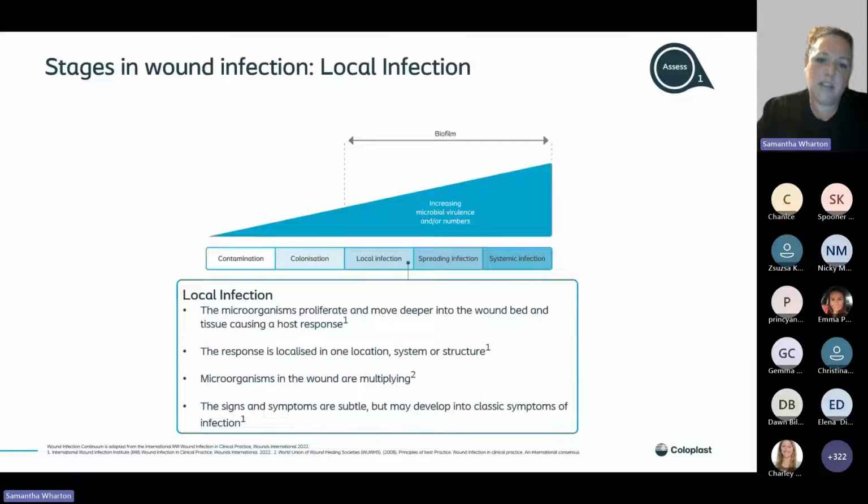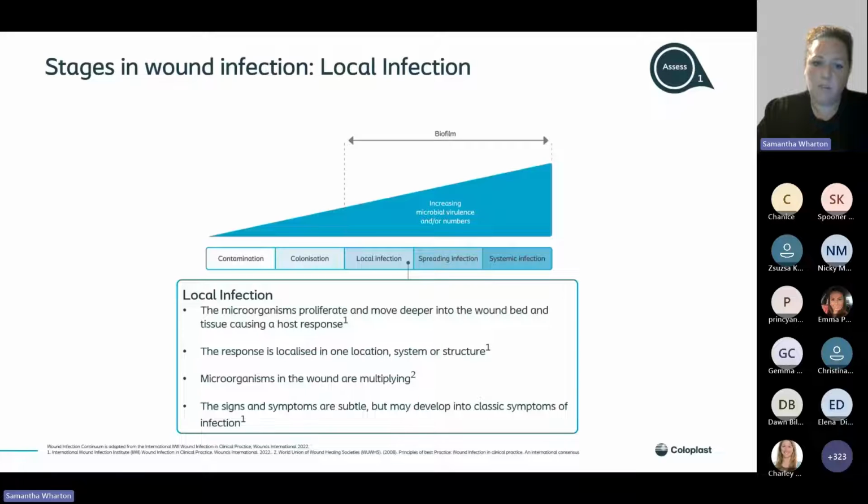Your contamination and colonization is where those microbes are within that wound bed, but they're not proliferating, they're not multiplying, and they're not causing a reaction to that patient. But once we move into local infection, those microorganisms are proliferating, they're moving deeper into the wound bed, and they're causing a response. The response is just localized to one location.